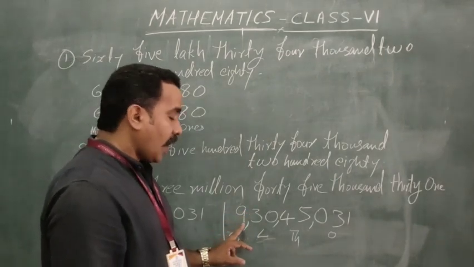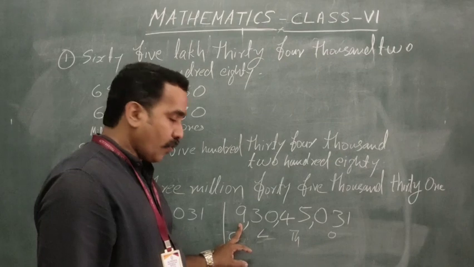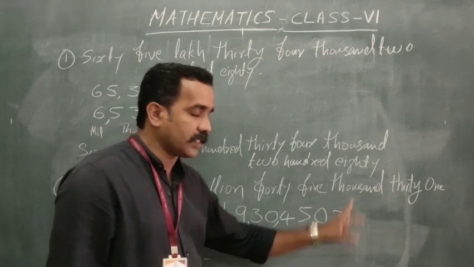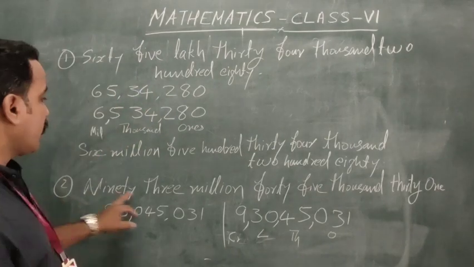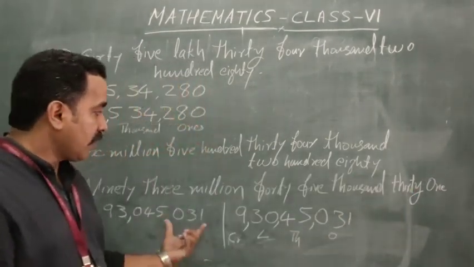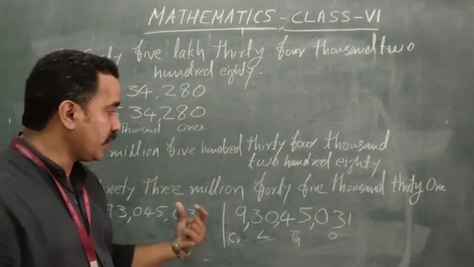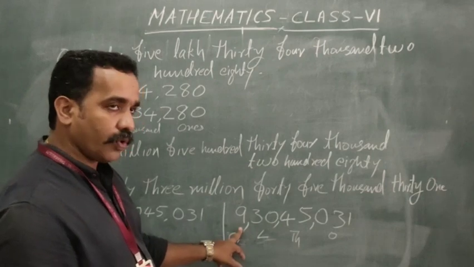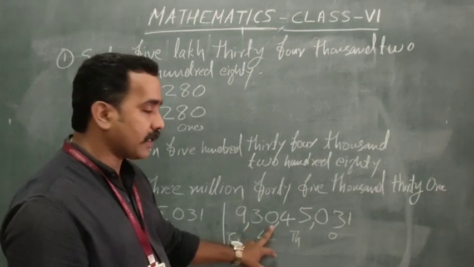So actually it is 9 crore 30 lakh 45,031. So 93 million 45,031, when we convert it into the Indian place value system, is 9 crore 30 lakh 45,031.